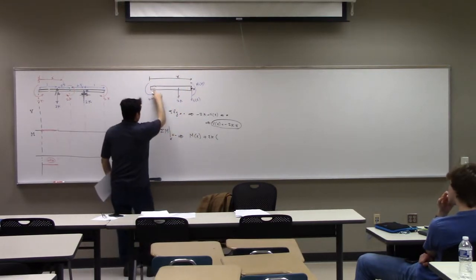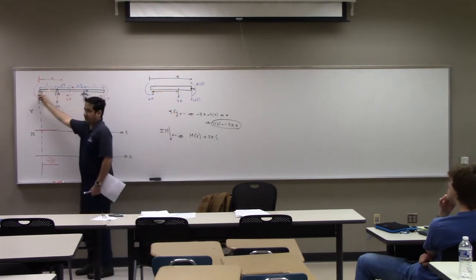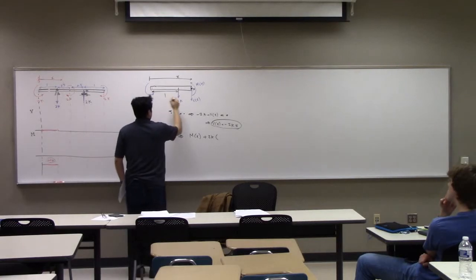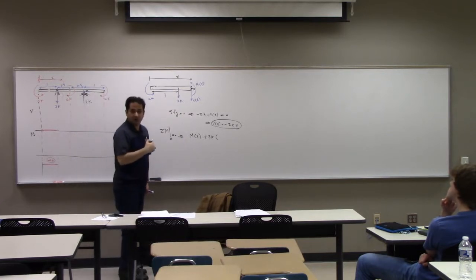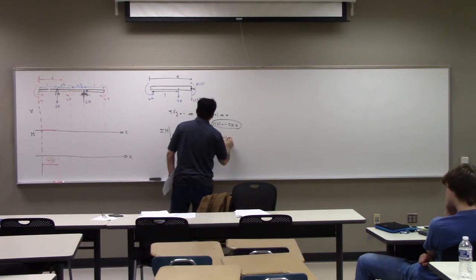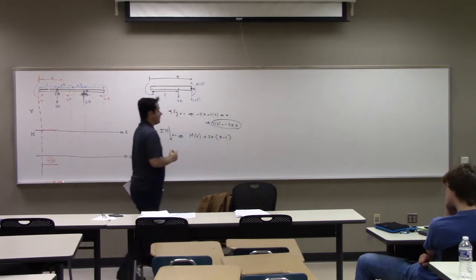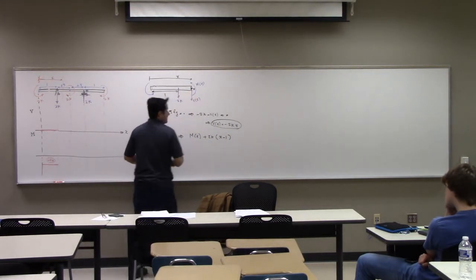And from here to here is 1. You see? So from here to here is the moment arm that I need to multiply by the 2k force to get my moment. So it's going to be 2k times x minus 1. Positive or negative? Positive. Right?